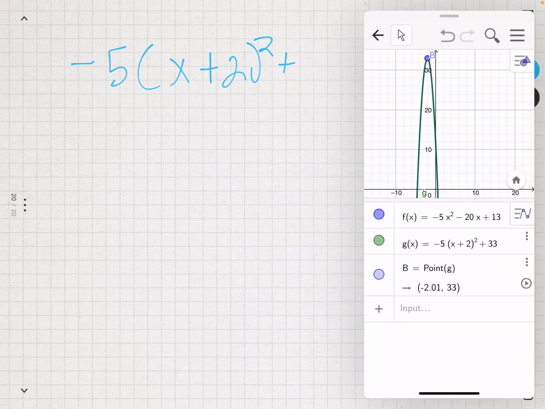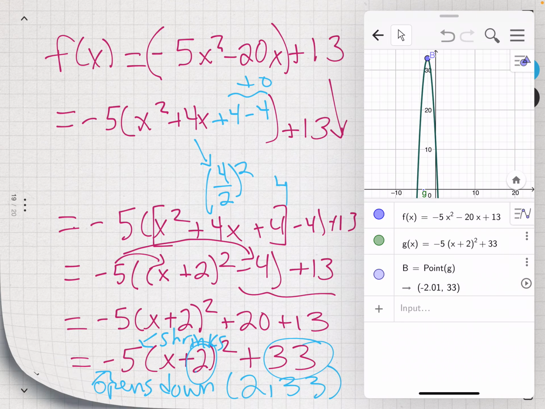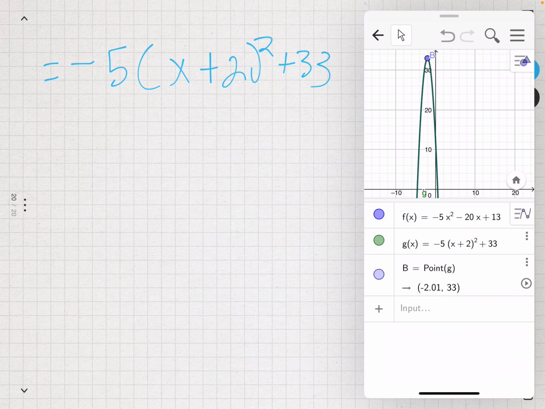And now this is an example where, let me copy my function again, negative 5, x plus 2 squared plus 33, this has x-intercepts. So 0 equals negative 5, x plus 2 squared plus 33.